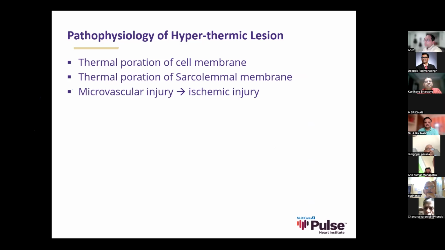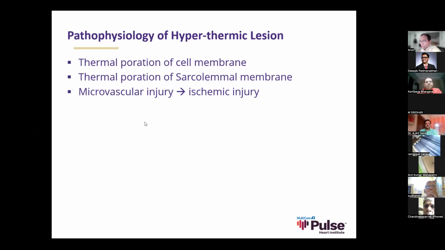Okay. Pathophysiology of a hyperthermic lesion. When we heat a tissue, how does the injury happen? There are multiple mechanisms. The most important concept is the thermal poration of the cell membrane. We are creating pores inside the sarcolemmal membrane, which releases the ions. The ion channels are disrupted, and there is a loss of differential conductivity in the membrane, and that leads to cell injury.